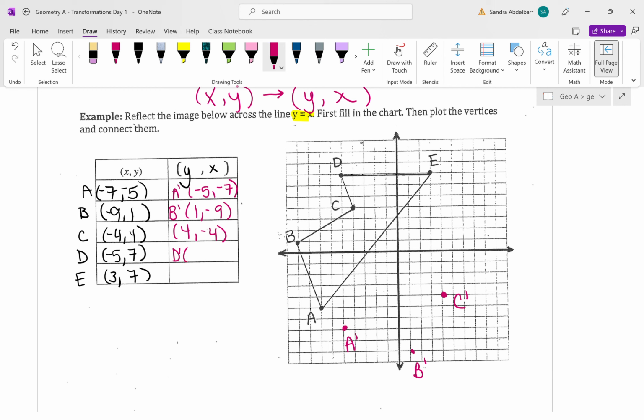Our D prime will be 7, negative 5. And lastly, our E prime will be 7, 3. All right, and then we connect.